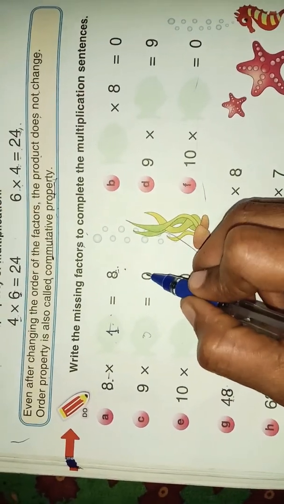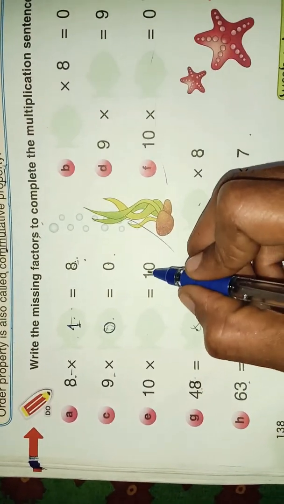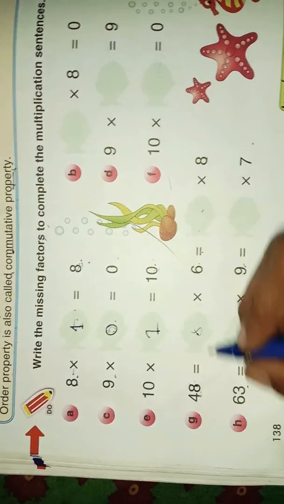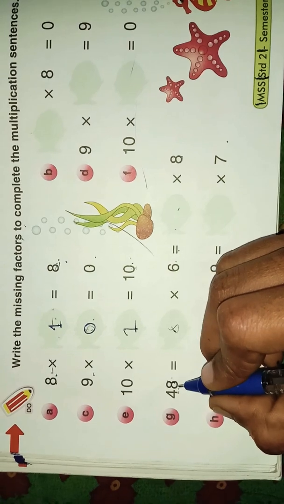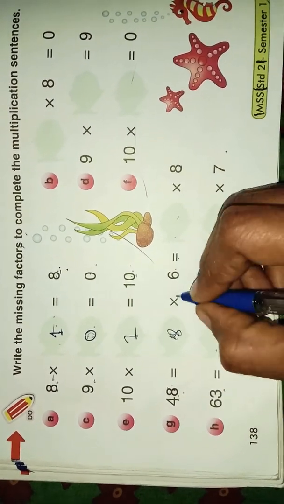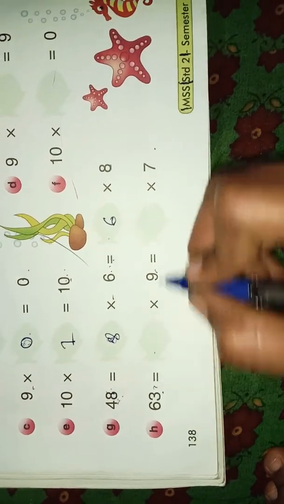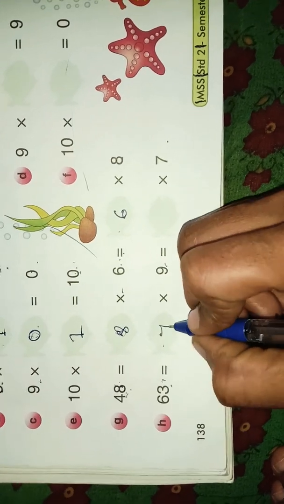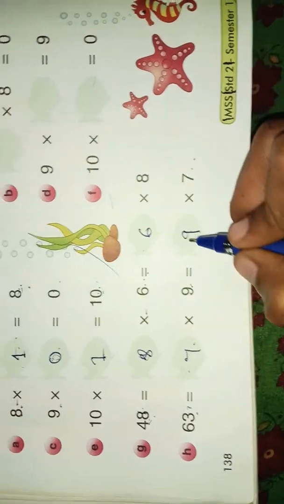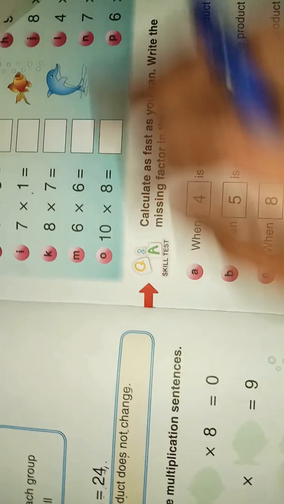The product is 0, it means the other factor is 0. 9 into 0 is 0. The product is 10, the number itself means the factor is 1. 10 into 1 is 10. 48 is the product, so you have to write the factors by changing them. 8 into 6, 6 into 8, the answer is 48. 63 is given, the other factor is 7, here you write 9. 7 into 9, 9 into 7. This is the commutative property.